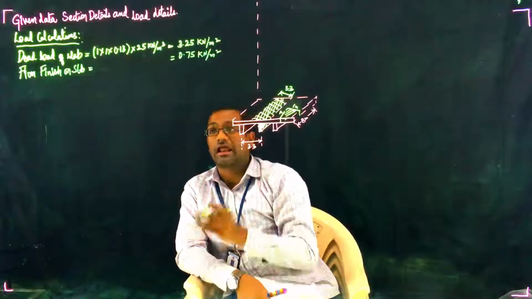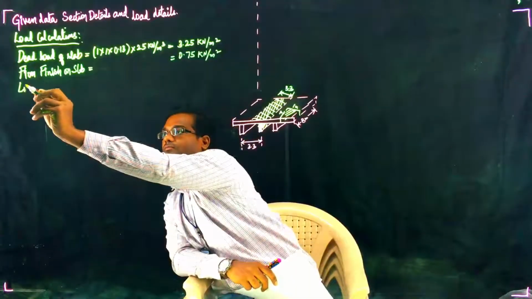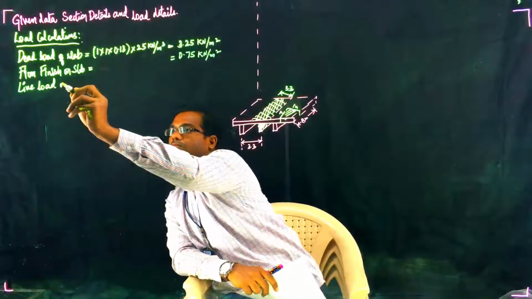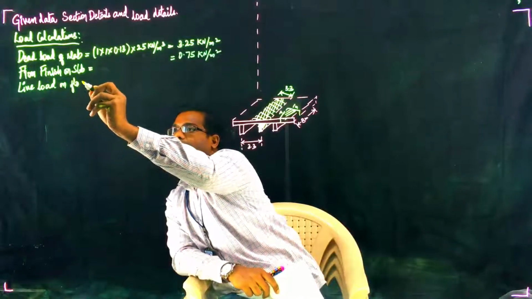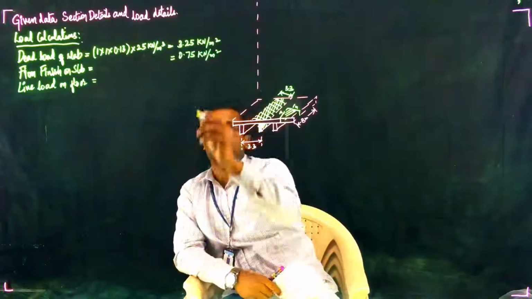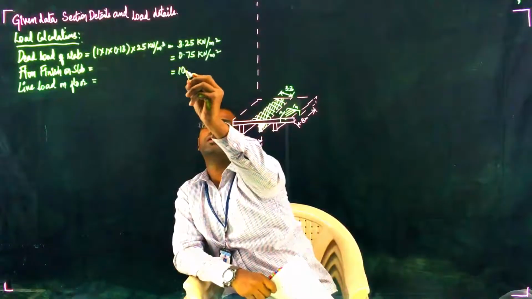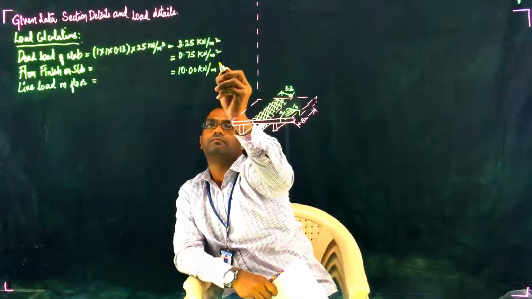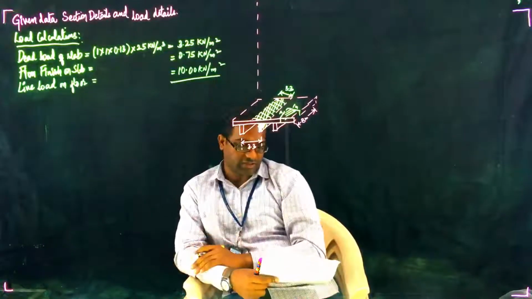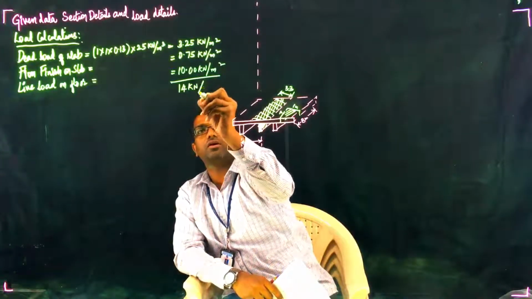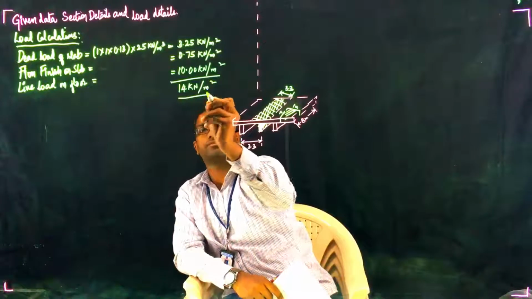Then we have the live load on the floor. Live load on floor is also directly given as 10 kilonewton per square meter. Now if you sum these loads, you will get a value of 14 kilonewton per square meter.